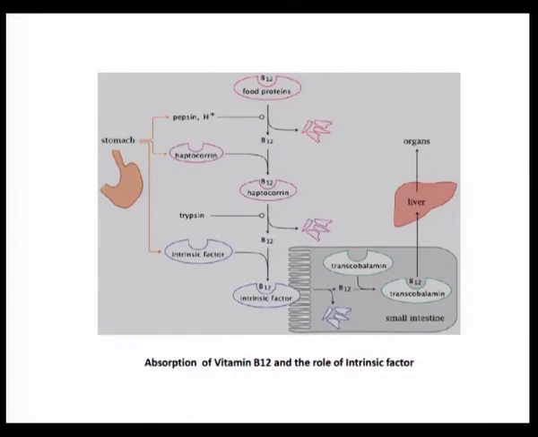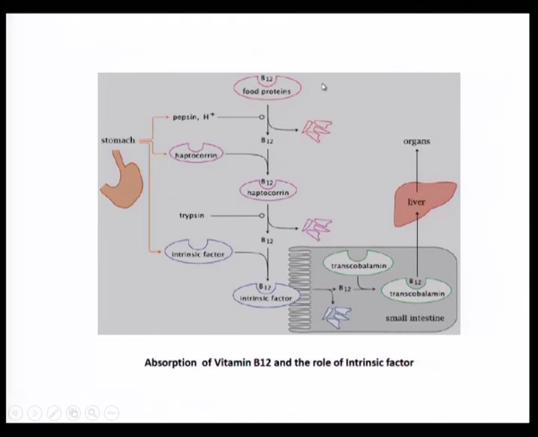So you see the structure, the absorption, how this works. You have the food proteins, and here you have the pepsin of the stomach. As you consume the food, you see the complex of haptocorrin with vitamin B12. Haptocorrin comes here and binds with vitamin B12, acting like a carrier molecule in the first phase.